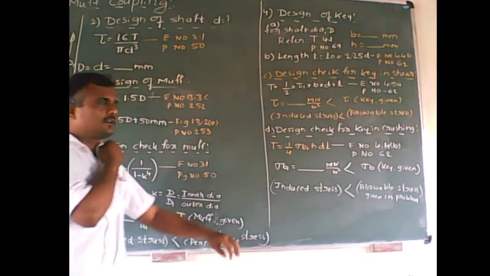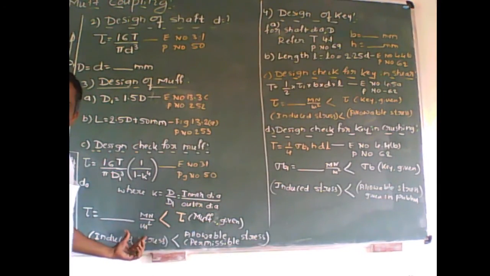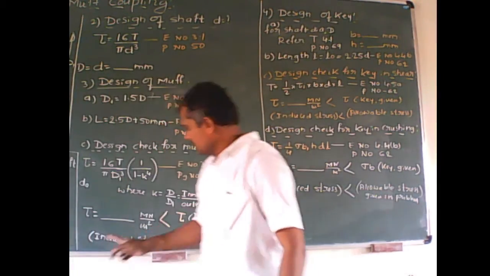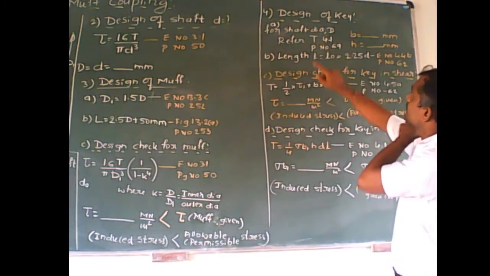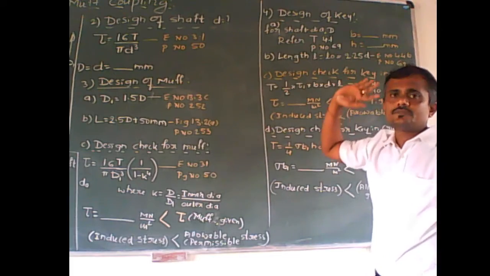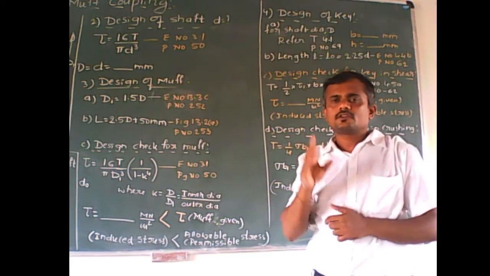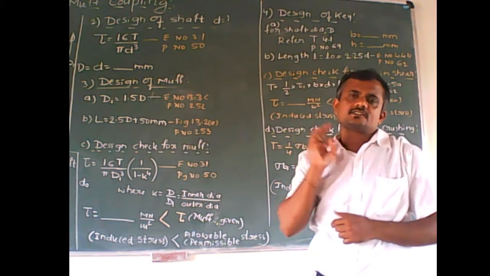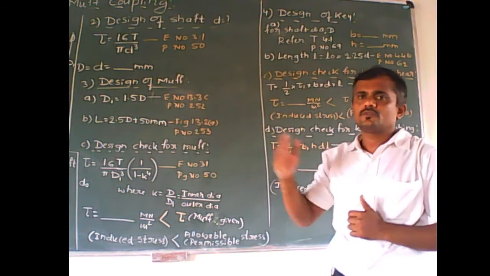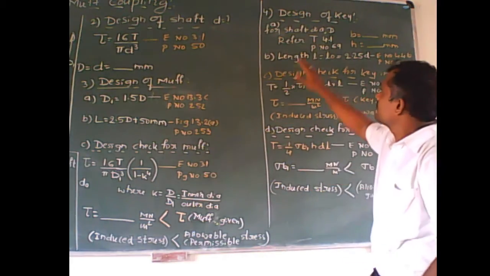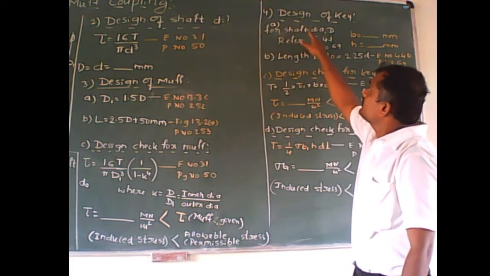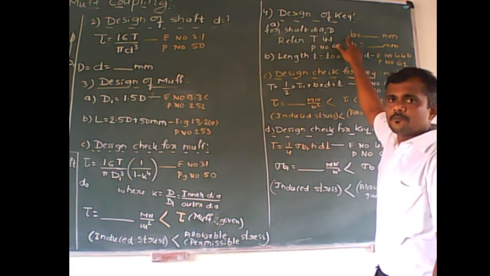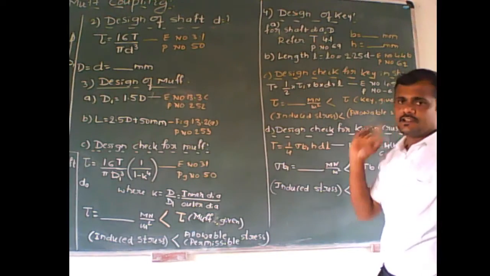So after this design of a muff, we can go for design of a key. Here in the design of a key, the key undergoes shear stress and crushing stress. That's all. Before we go for checking the design parameters, we first have to determine what the width and height should be.